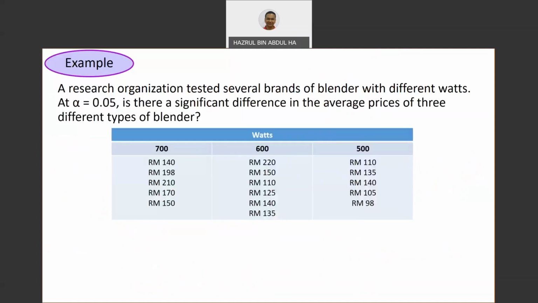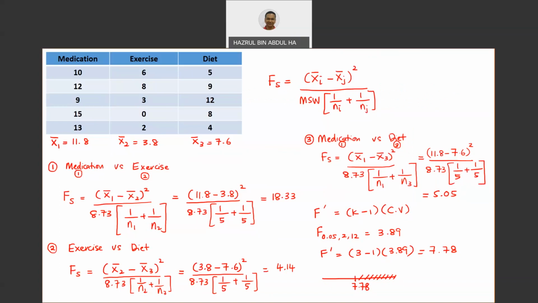We can only reject if the test statistic is in the critical region. 4.14 is somewhere here, meaning that there is no significant difference between exercise and diet. 5.05 is also somewhere here, meaning there is no significant difference between the mean for medication and diet.